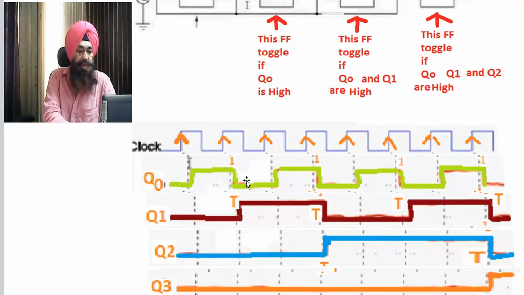Now looking here, this is high and the rising edge is there, so Q1 will toggle 1 to 0. Then coming next, there is a rising edge and this is high, so it will toggle 0 to 1. So this is the output of Q1.